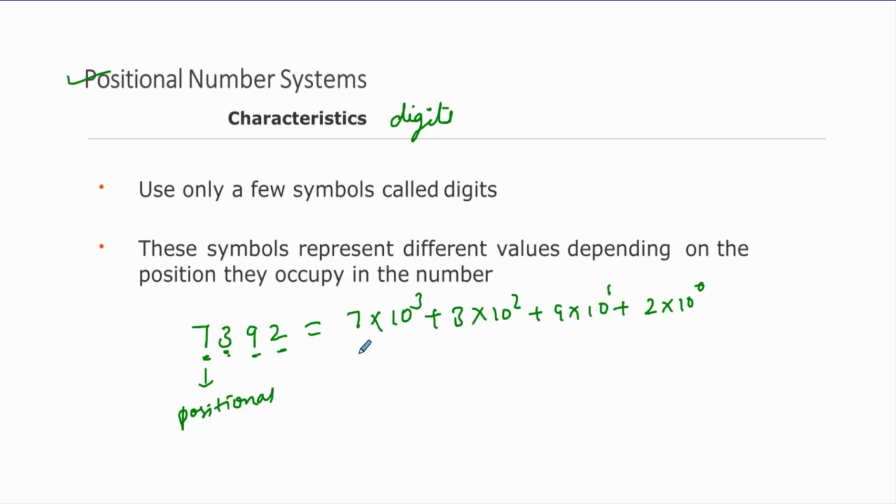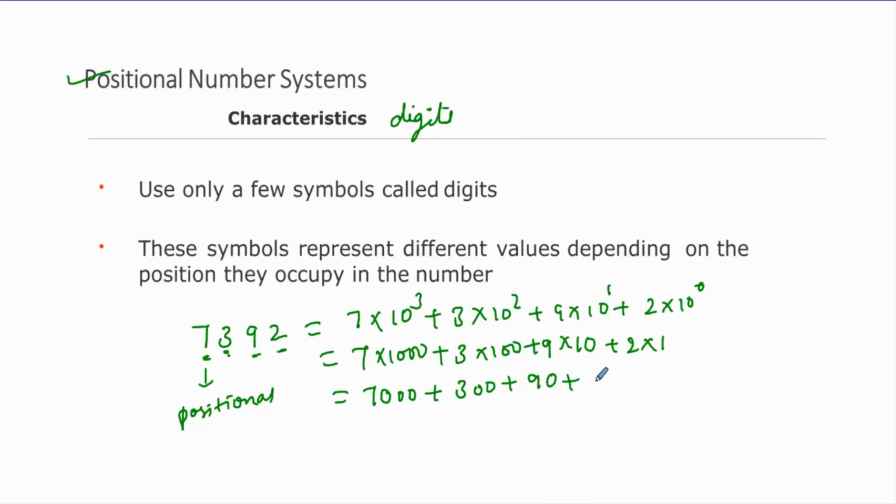If you do this calculation, 7 into 10 to the power 3 is 1000, so 7 into 1000 is 7000, plus 3 into 100 is 300, plus 9 into 10 is 90, plus 2 into 1 is 2.